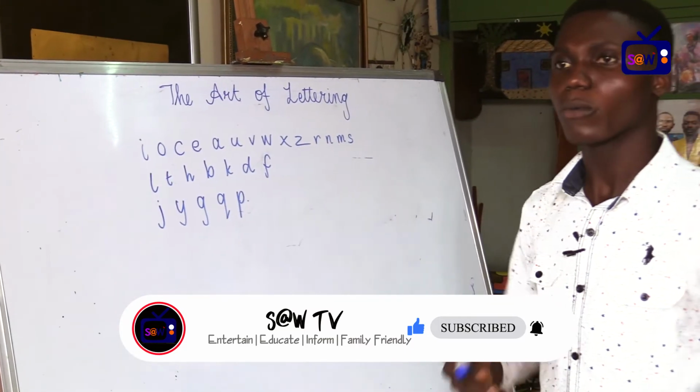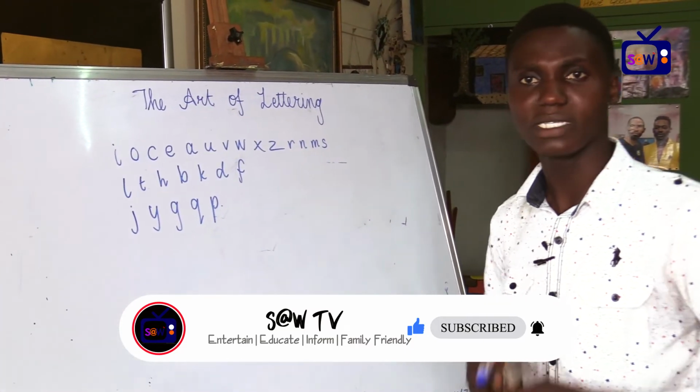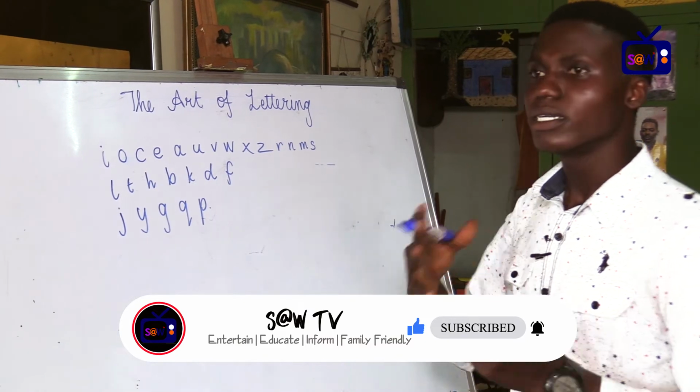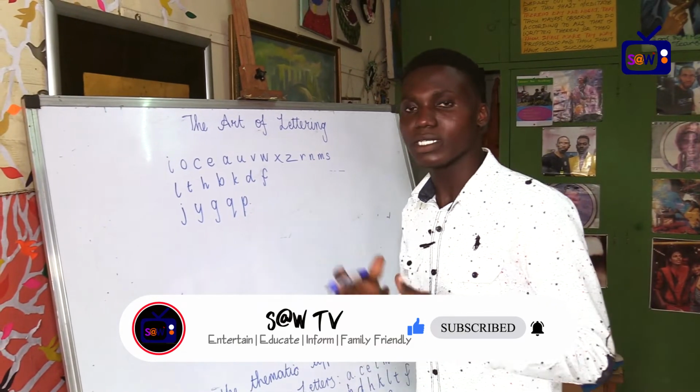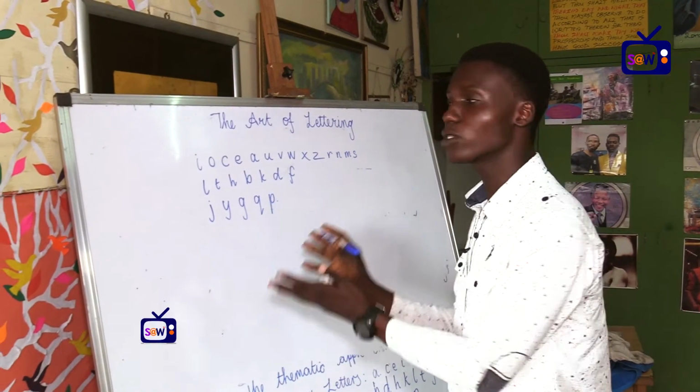As in the normal learning context, you learn from the simplest to the complex. The graphological approach didn't arrange letters from the simplest to the complex.